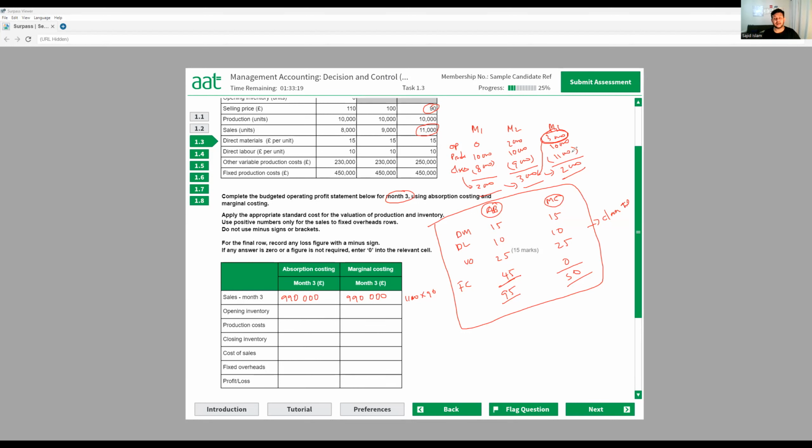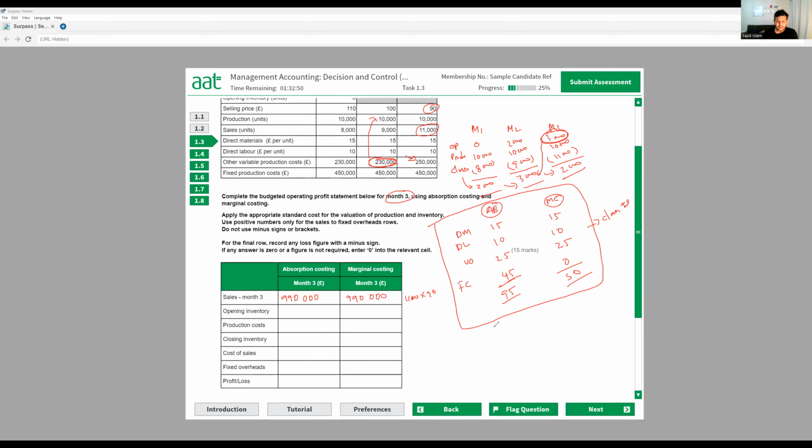For that reason, you have to see how much was the value of that closing inventory in month number 2, because the same inventory becomes the opening this month. Now, one trick we can see here: only this figure for month number 2 changed. In month number 3, we have 250, but in month number 2, it was 230. So if 230 is for 10,000, that means it is 23.